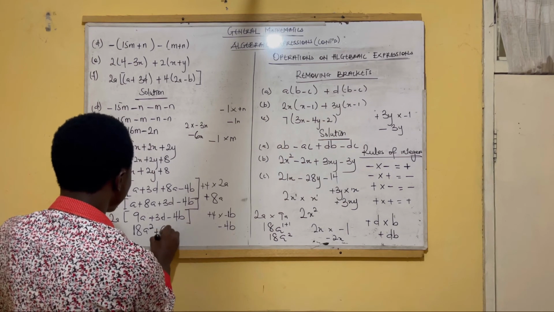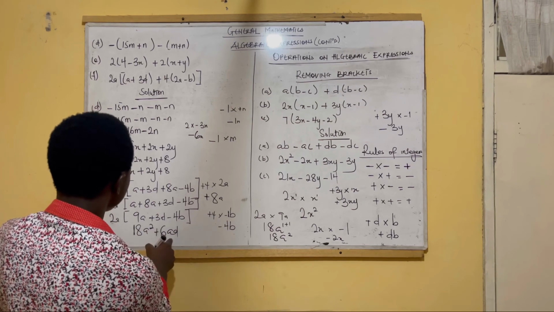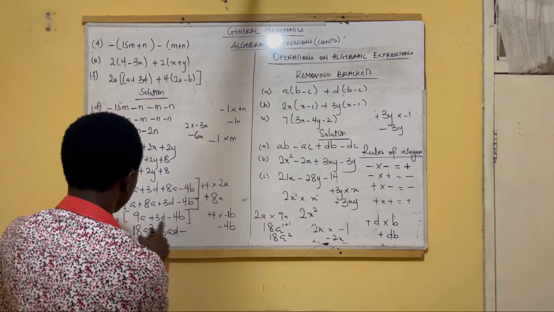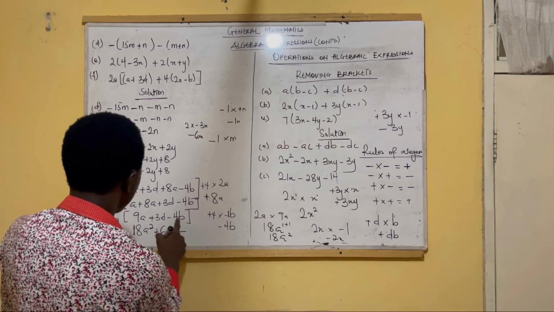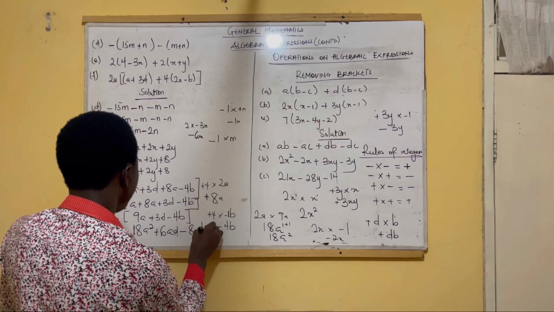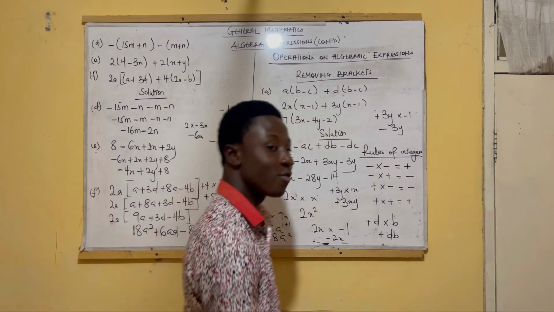You should get 6ad. Alright? 2 times 3, 6ad. Either will mean, because they are not the same. And then minus 2a multiplying 4b will be what? 8ab. Good. They are not like terms, so this is your final answer.